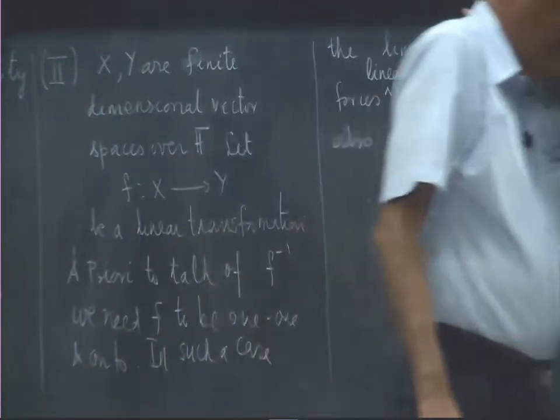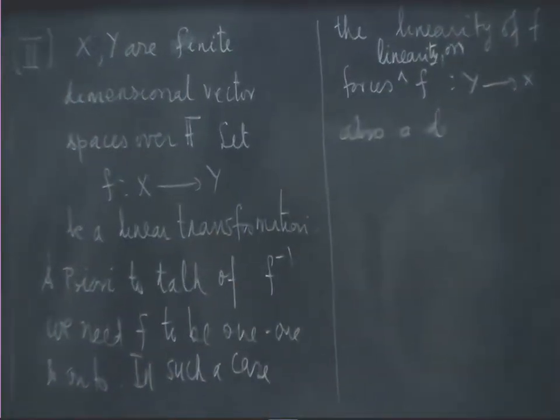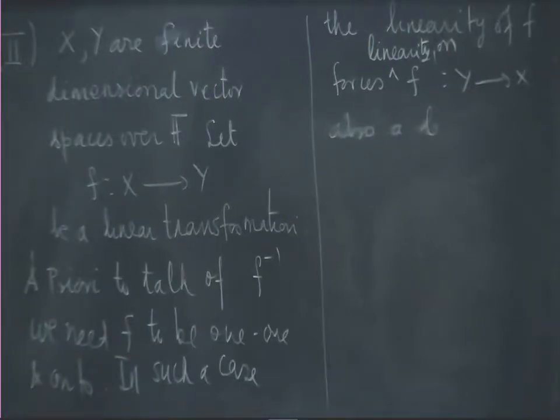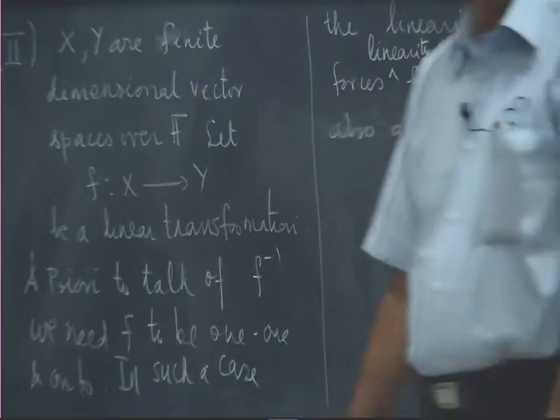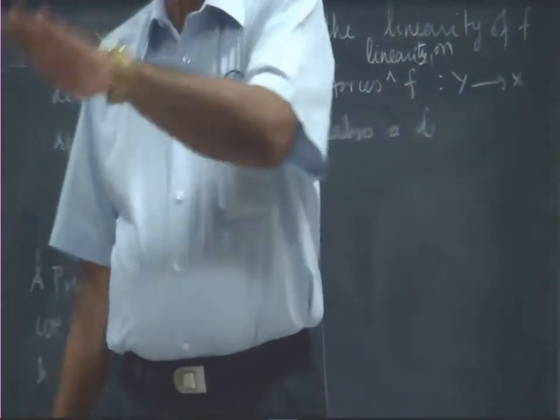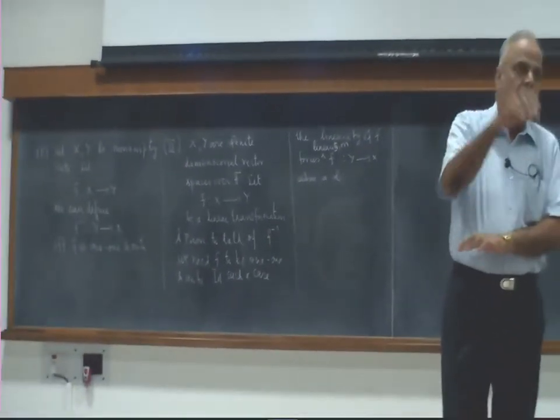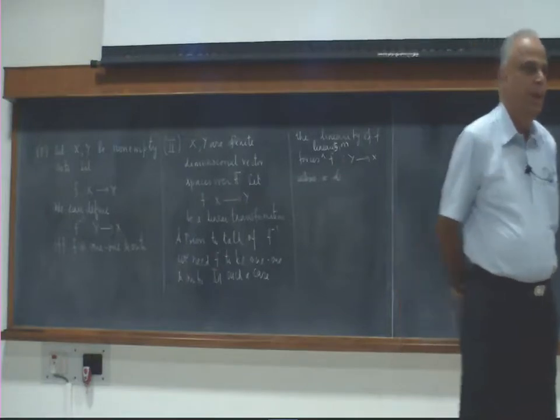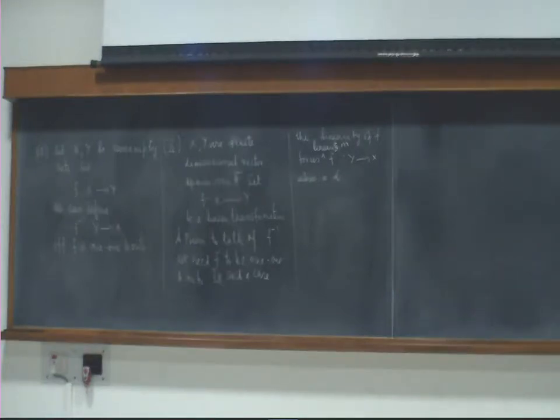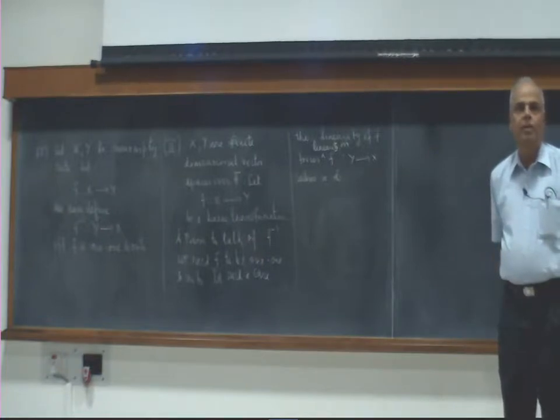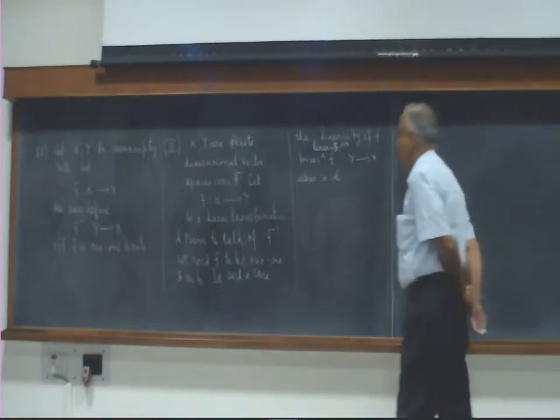The moment you are given one-one and onto, you can define the inverse map, and that map automatically carries the property of linearity. So if you have a linear transformation from one vector space to another, and if that linear transformation is one-one and onto, then automatically the inverse is forced to be a linear transformation. So you don't have to do any extra work to get the inverse to be linear.